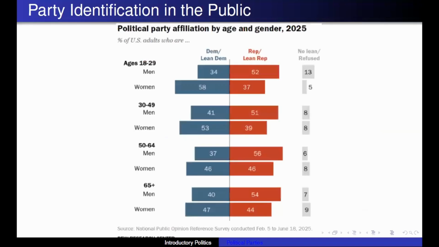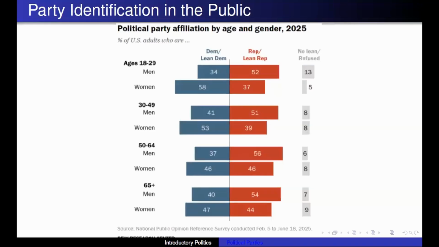When we take a look at this overall and break this down at the junction of age and sex in particular, one of the things that we can see here is again some variation when it comes to party identification. For example, in that youngest age cohort of 18 to 29, where we saw that overall, most of the time, youth voters tend to identify as Democrats.